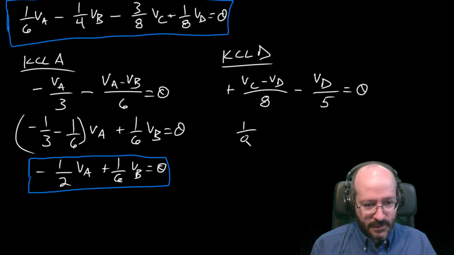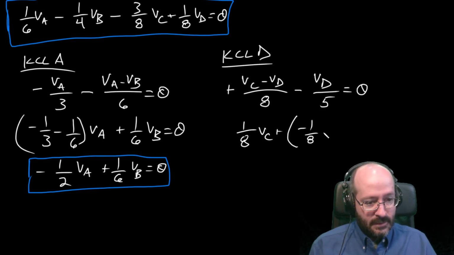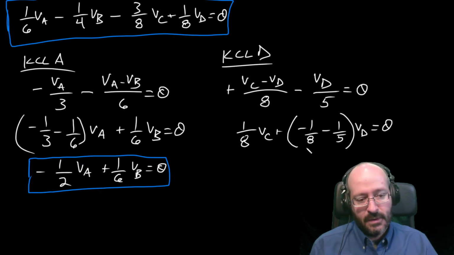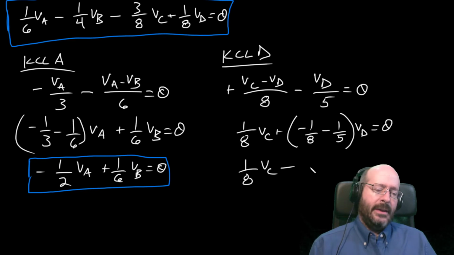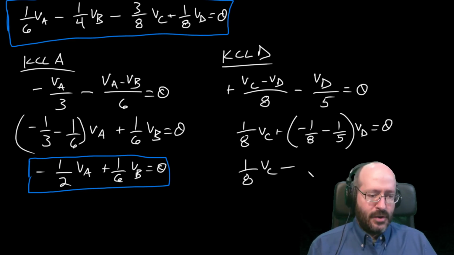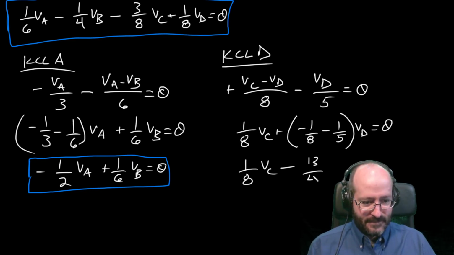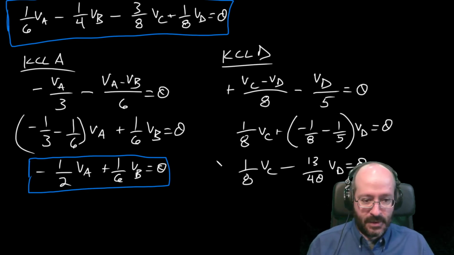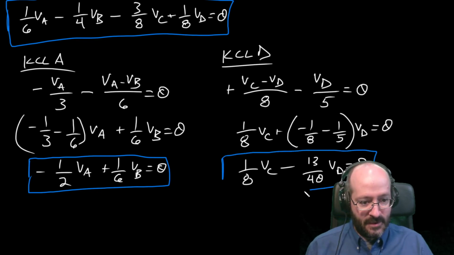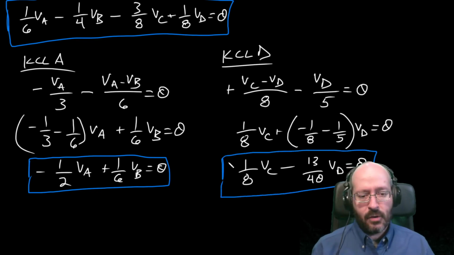Okay, so 1/8 in front of VC, minus 1/8, and minus 1/5 in front of VD, and that's equal to 0. Just do that little bit of arithmetic to find that we have negative 13/40 in front of VD, and that's equal to 0. Okay, so there are my 4 equations.